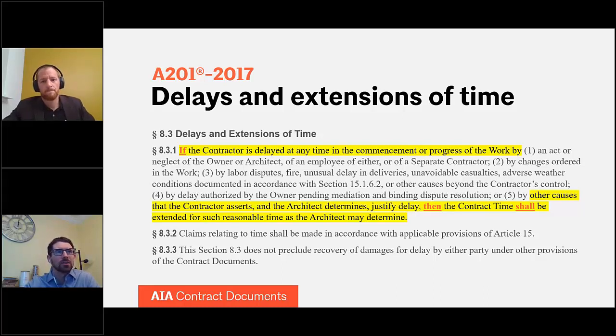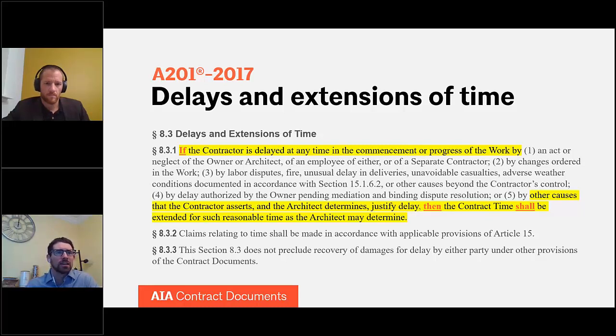Some of the other things to consider with 8.3.1 are the two clauses at the bottom that I haven't talked about, 8.3.2 and 8.3.3. 8.3.2 basically says that if the contractor is going to make a claim related to time, a delay claim under 8.3.1, such claims shall be made in accordance with the applicable provisions of Article 15. Article 15 is going to be your claims provision, and it sets forth different requirements for how claims need to be made. Over the next slide or two, we're going to talk about some of those.